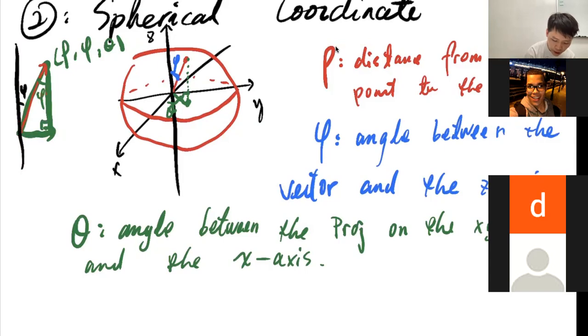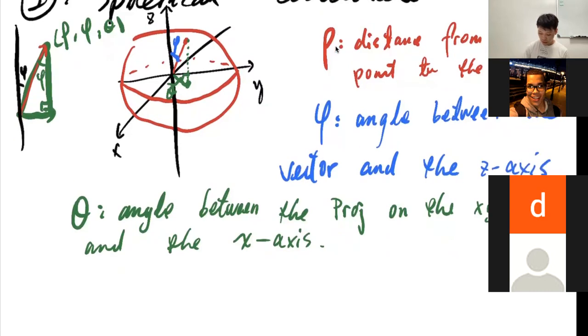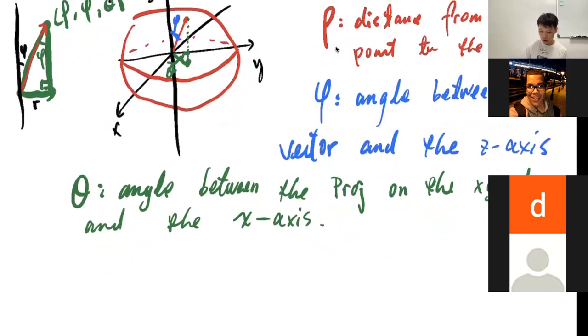Remember the phi: this edge is the opposite of the angle phi. Opposite over hypotenuse is sine. So let's say this edge has the length r. r is equal to rho times sine phi.